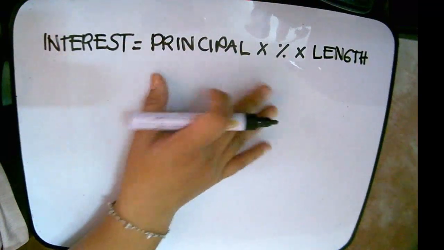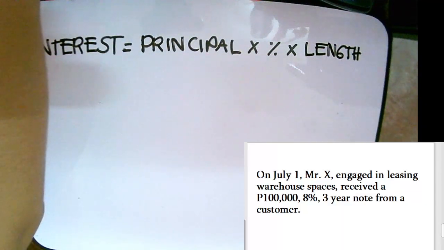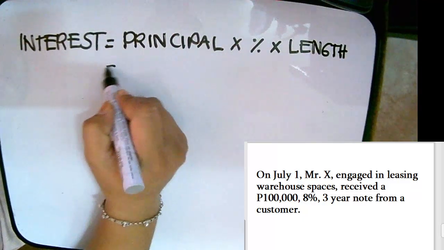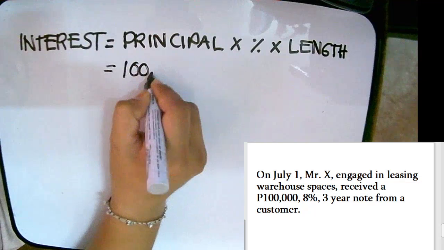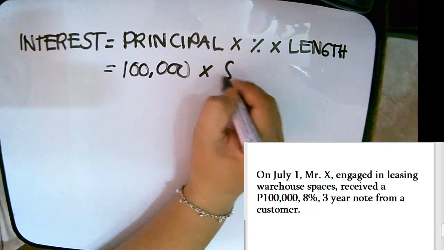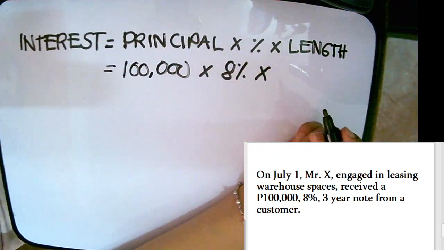Interest is equal to principal times rate, or the percentage interest rate, times the length of time. So, yung principal natin is 100,000 times rate of 8%, and then yung length of time natin.